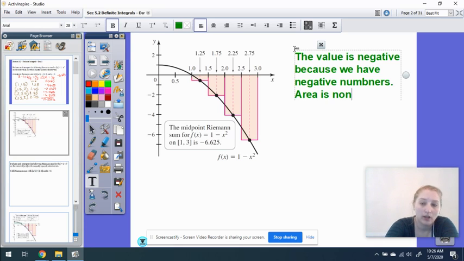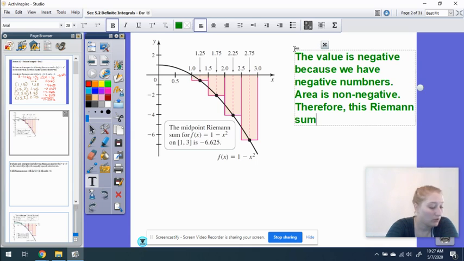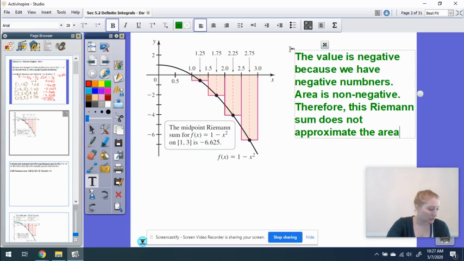Area is a non-negative thing. Therefore, this Riemann sum does not approximate the area. This Riemann sum is not a good approximation because it's negative, and we know area is not supposed to be negative.